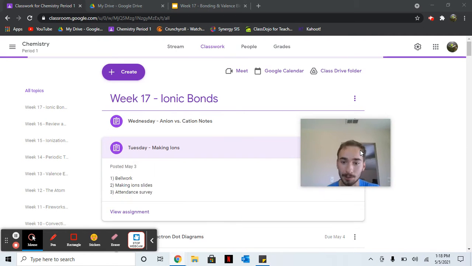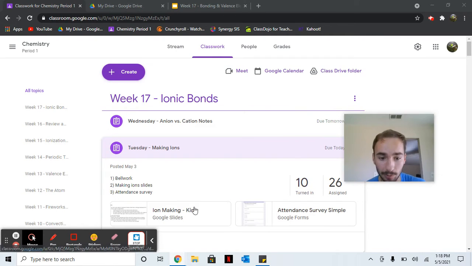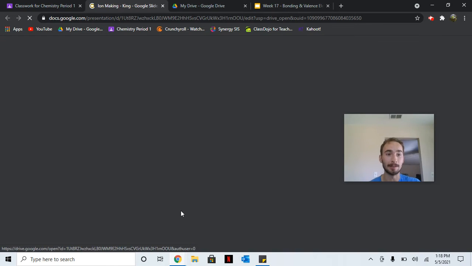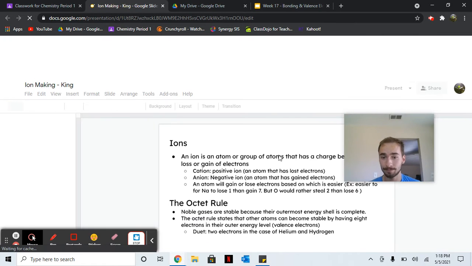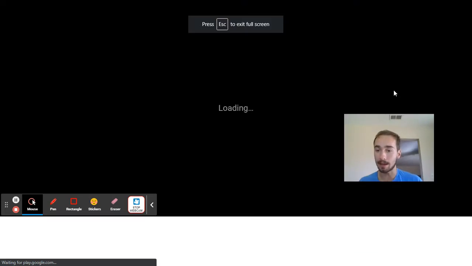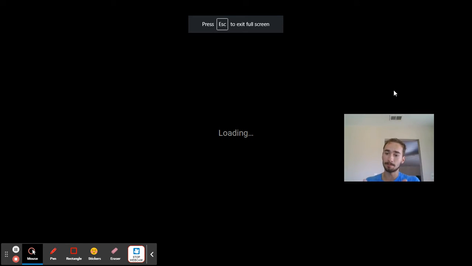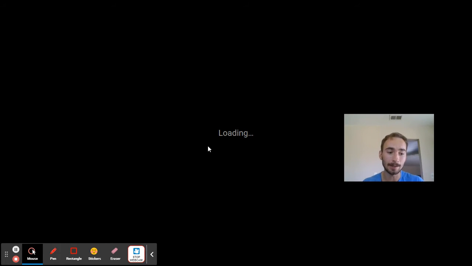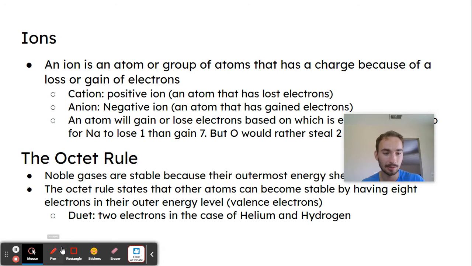So Tuesday is called making ions. So what you're going to want to do is pull in the slides here. The first slide is some background. The main thing is, remember, elements' goal is to have a complete orbital. They can do that two ways. They can either gain electrons to get a complete orbital, or they can lose electrons to get a complete orbital. And that's what we're going to be looking at today.